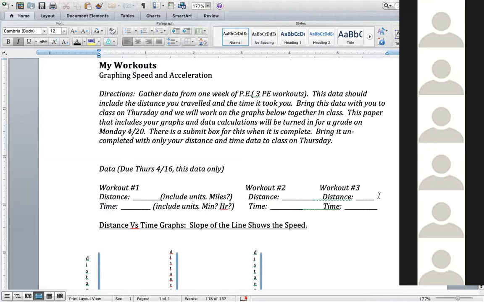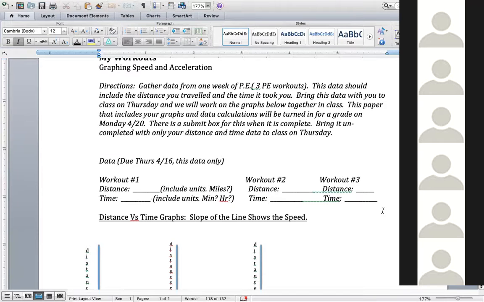Then you could get your speed in miles per hour, which is a speed you can relate to, whereas feet per minute may be harder to relate to. It's okay if you want to do that though, but we do want to stay consistent. We can't have some in feet and some in miles, some in hours and some in minutes.